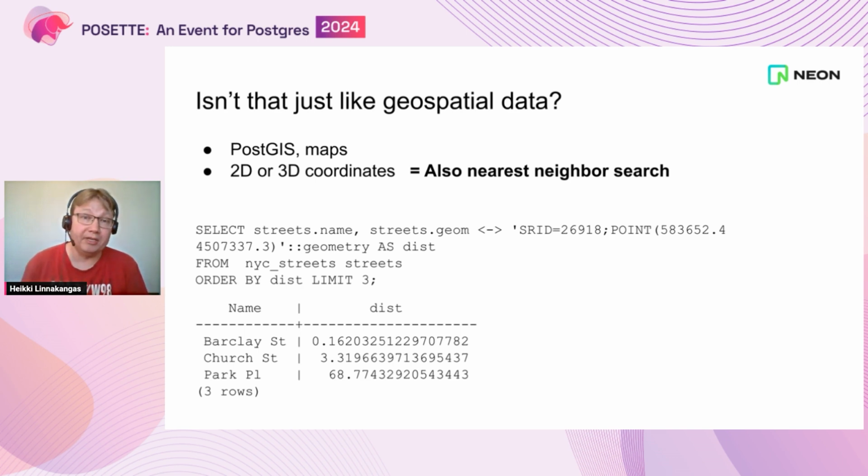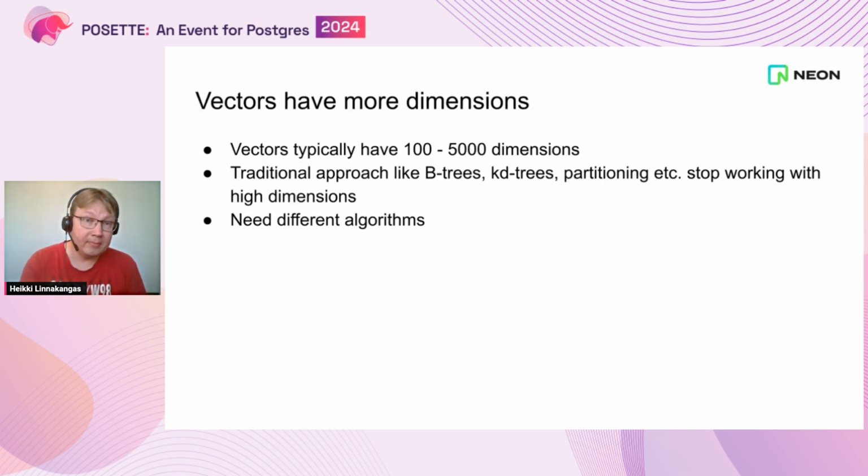So what's the big deal with vectors then? Because we have had geospatial data for a long time, and you can deal with that just fine. Well, the basic difference is that vectors simply have a lot more dimensions. In maps or geographical data, you have 2 dimensions, 3 maybe, if you're dealing with a sphere like the Earth or some other system like that.